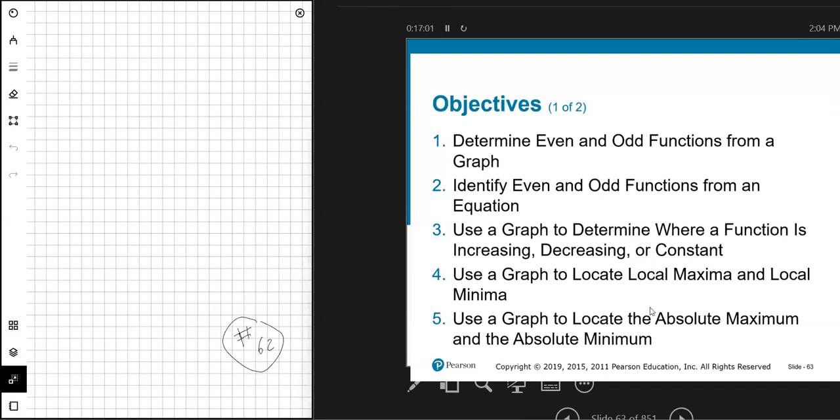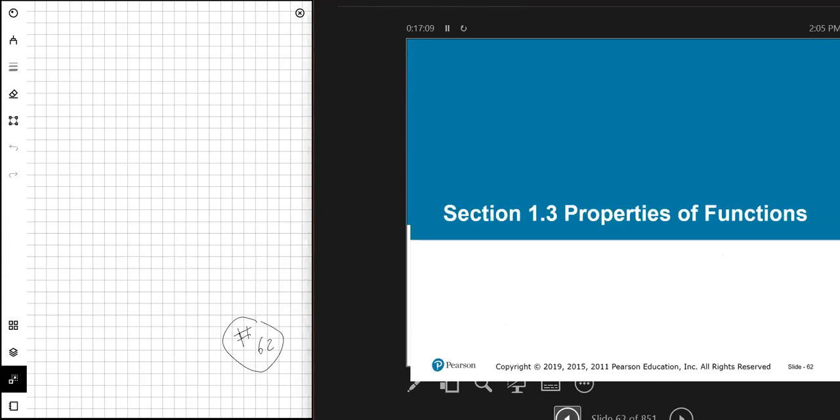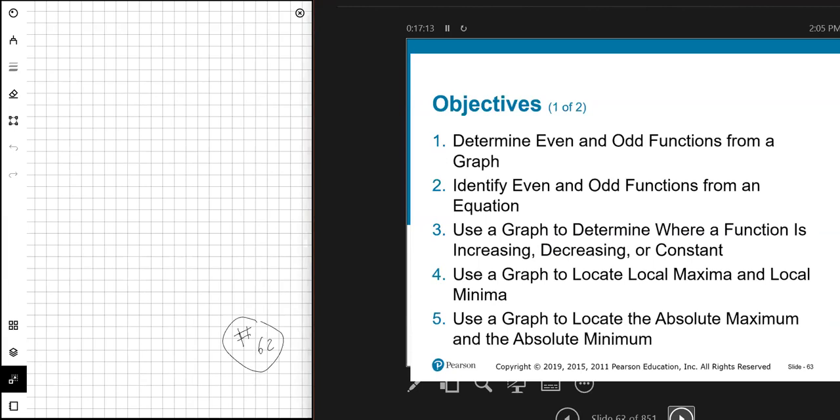All right. In this section, we're going to talk about properties of functions. And amongst those are whether a function is even or odd or neither. There are many different properties of functions.